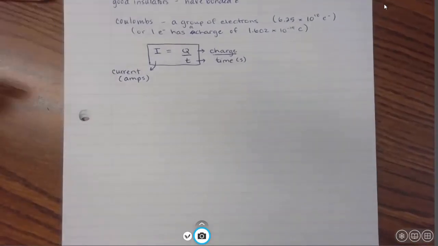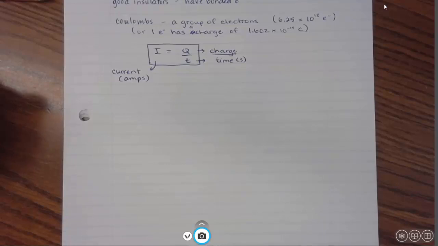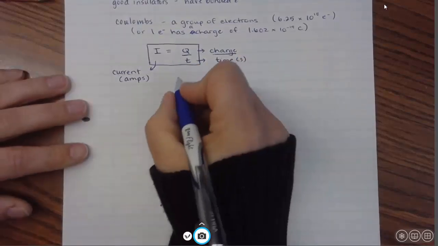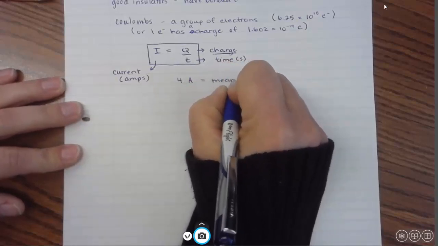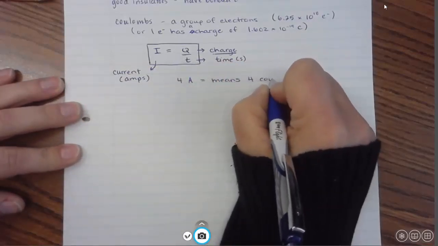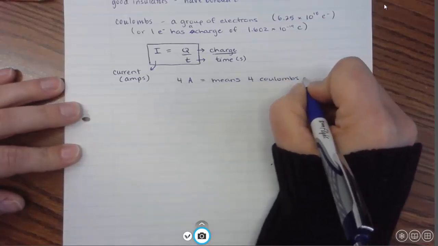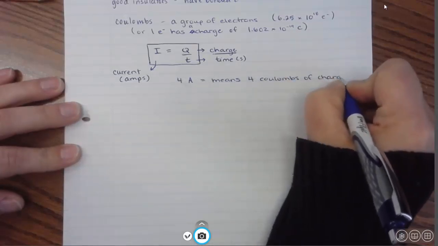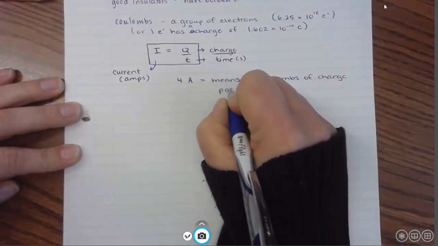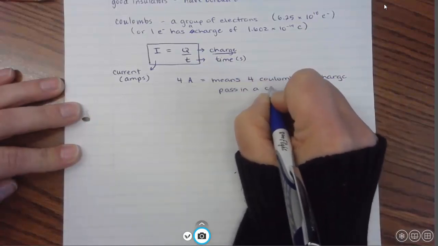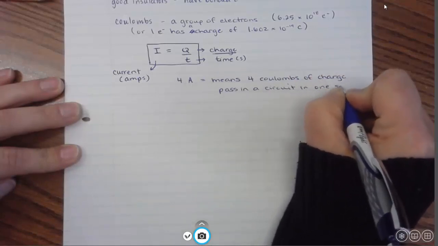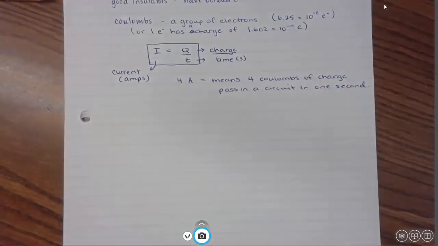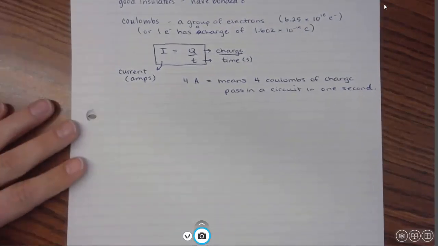So to measure the current, it would be how many coulombs. For example, 4 amps means 4 coulombs of charge pass in a circuit in 1 second. Okay, so 4 amps means 4 coulombs every second.